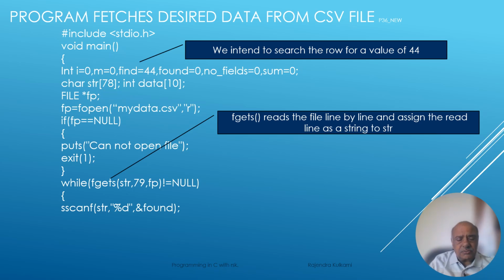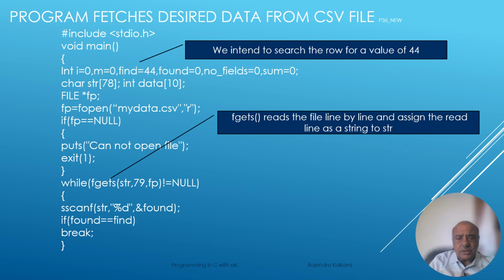So in our case it will pick up the first value of the string, which can be 11, 22, 33, 44, 45, 55 as we go ahead while reading the lines one by one.